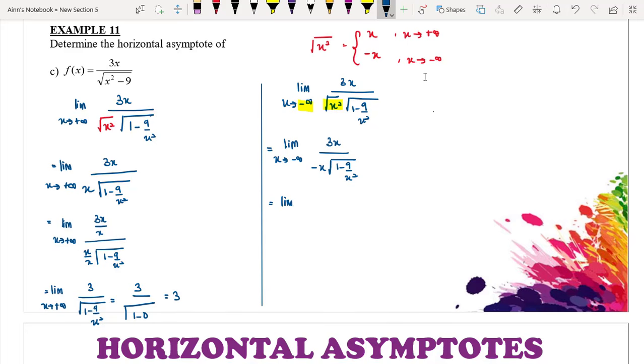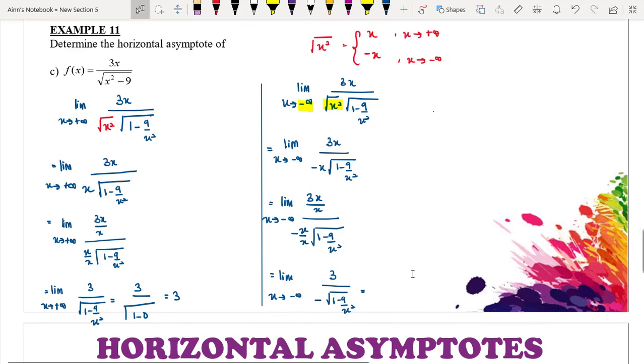Again, the same thing: divide by the highest power of the denominator, which is x. So we will have 3x over x, over negative x over x times the square root of 1 minus 9 over x squared. Now we just simplify: the limit as x approaches negative infinity of 3 over negative the square root of 1 minus 9 over x squared.